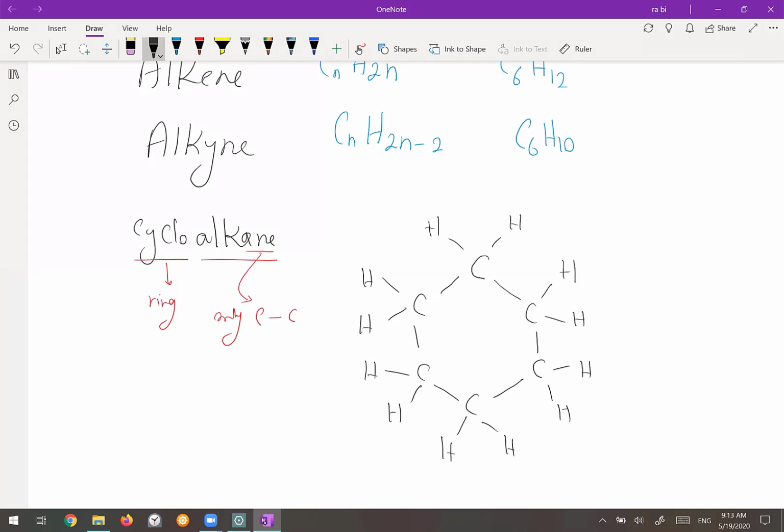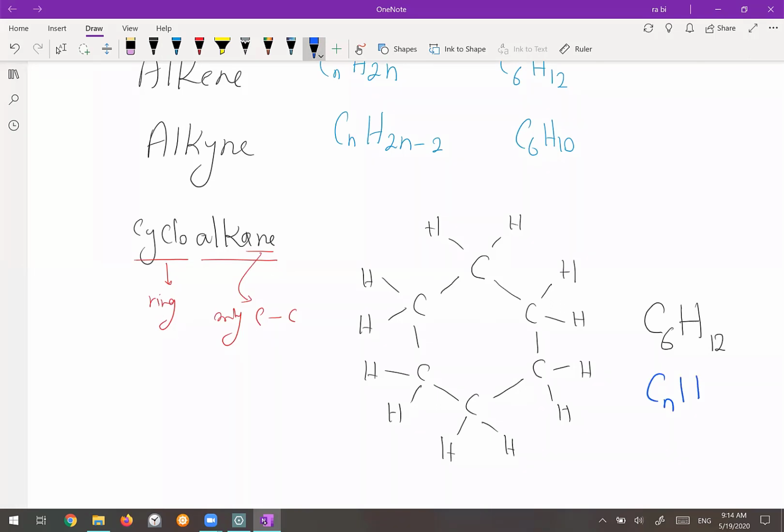Okay. What is the molecular formula for this structure? How many carbon do we have here? 6 carbons, and the hydrogen? 12. So what would be the general formula for this cycloalkane? Always CnH2n.